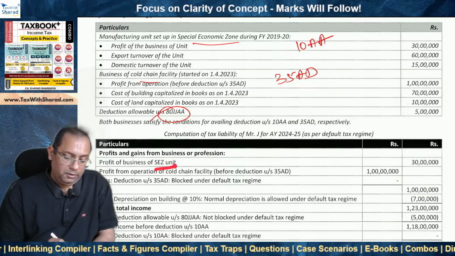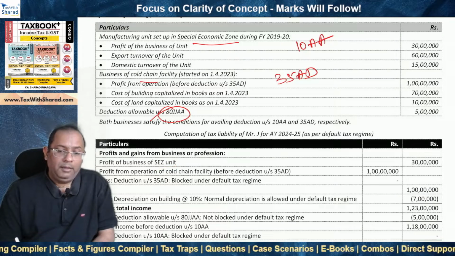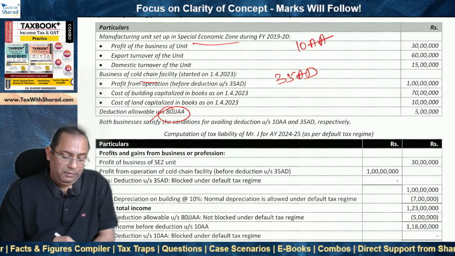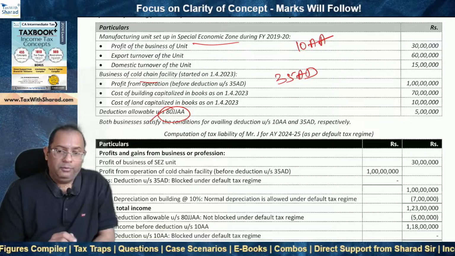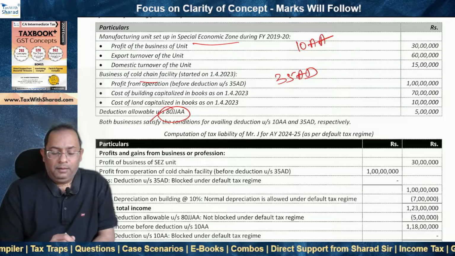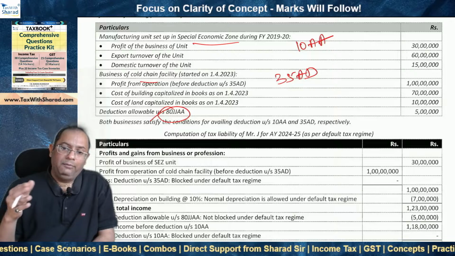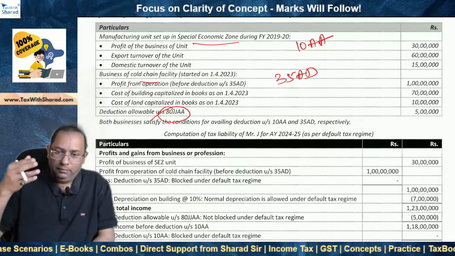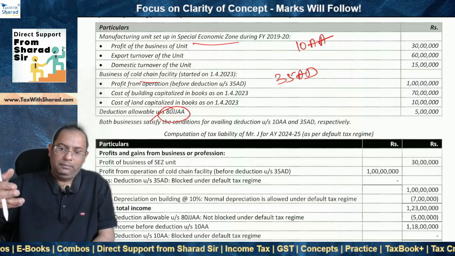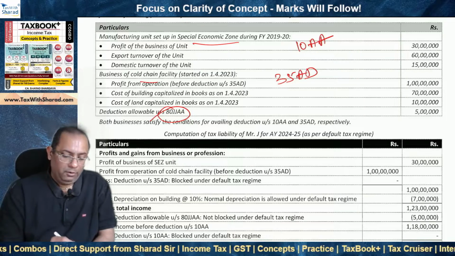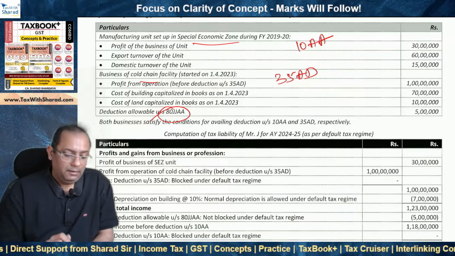Acha, for profits of business of SEZ unit, we know that 10AA deduction should have been mentioned here. But 2 points here. 10AA deduction is given at the level when we have computed the total income. That means later, at a later point of time, not while computing PGBP, right?